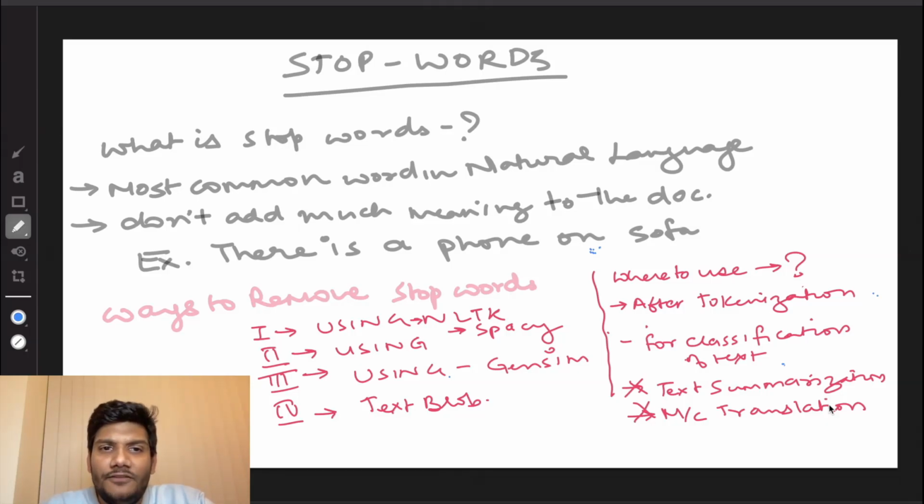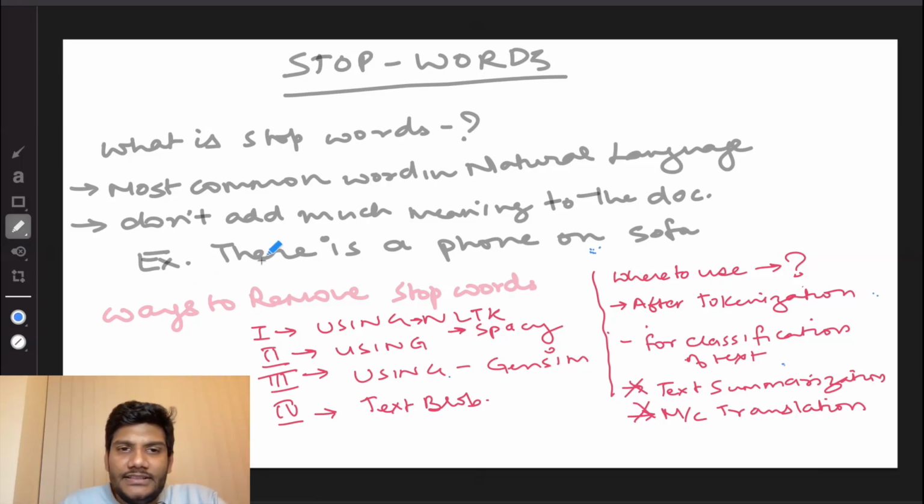So stop words are basically the most commonly appearing words in natural language. And while we are solving any NLP classification problem, these stop words do not add much meaning to the document, as we already discussed. So let's understand with an example.